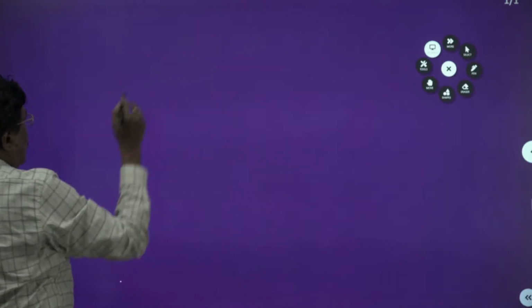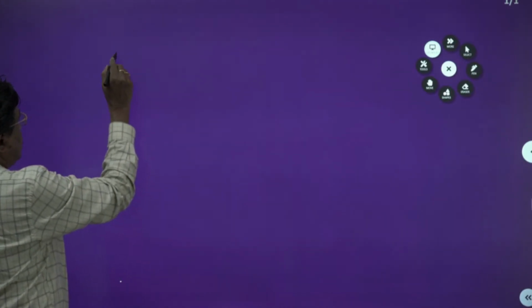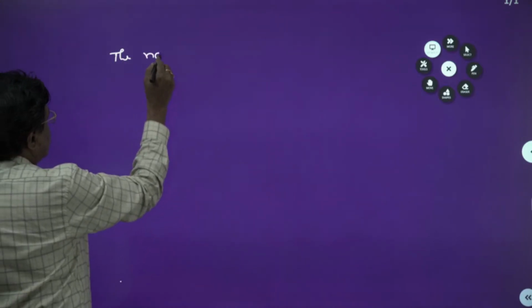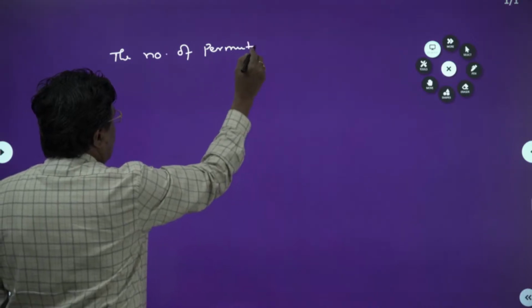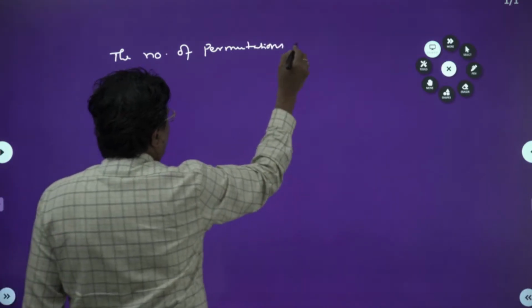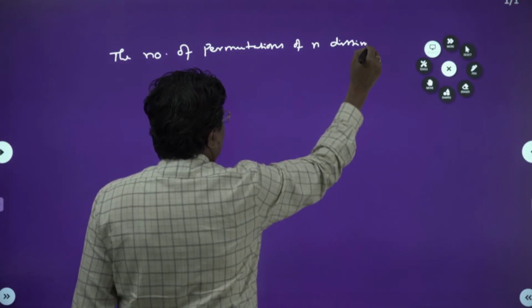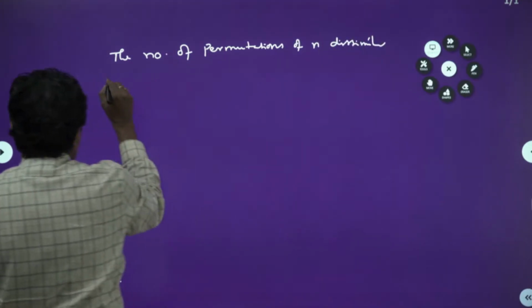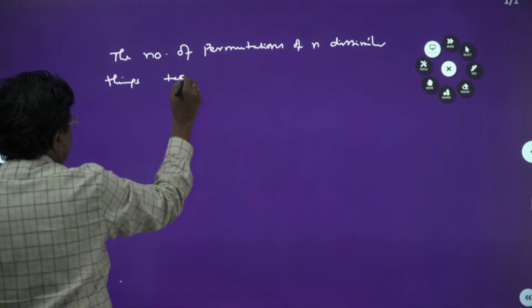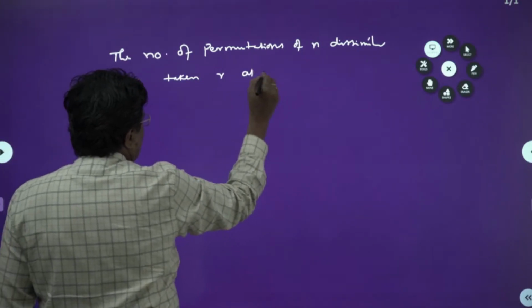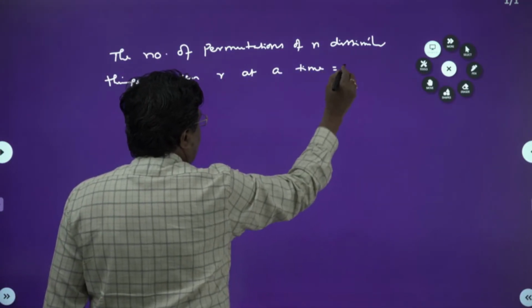The number of permutations of n dissimilar things taken r at a time is given by nPr.